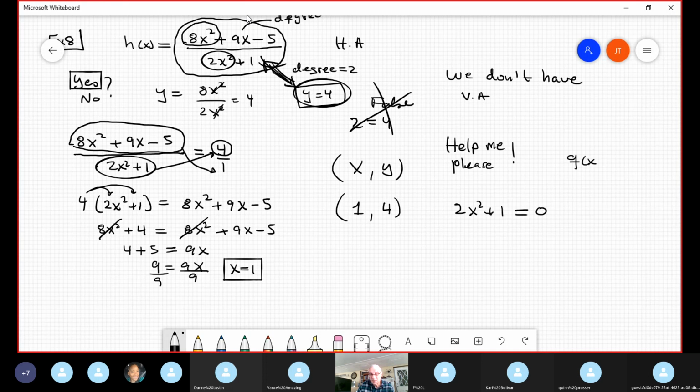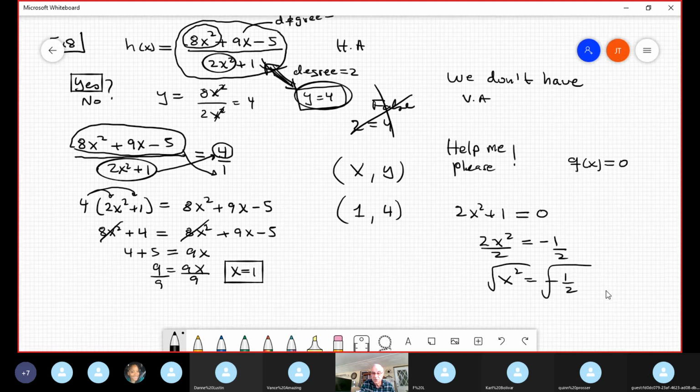The formula to find the vertical asymptote is after the factorization and simplification. We take the polynomial at the bottom and force it to be 0 and solve. When I solve, it's negative 1 divided by 2, x squared is equal to negative 1/2, square root both sides. It's imaginary, right?